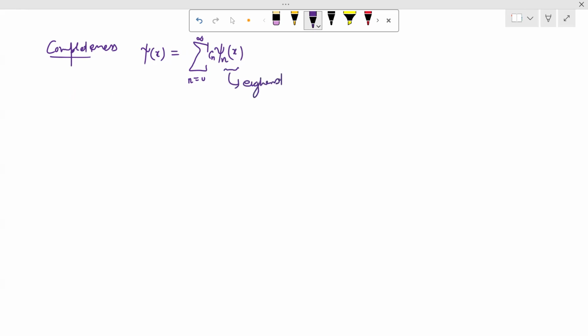This you can do. And if you're solving a time dependent problem, then obviously you have to multiply with the time evolution operator. Okay, so this solves this particular thing.